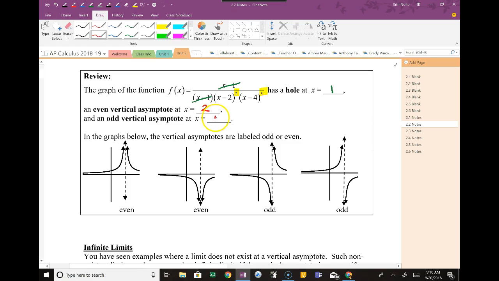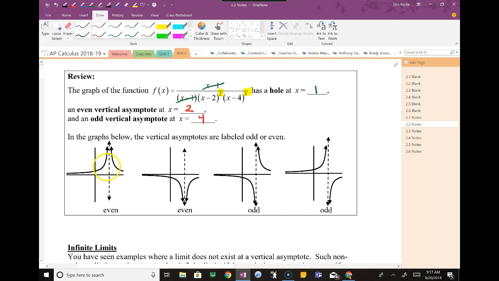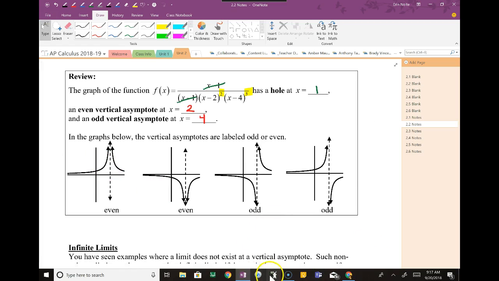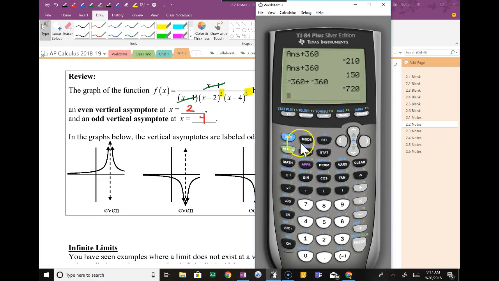Can they be in the same graph? Yes. Let me go ahead and show you what this function would look like, just so you can see. I'm going to type in the actual original.